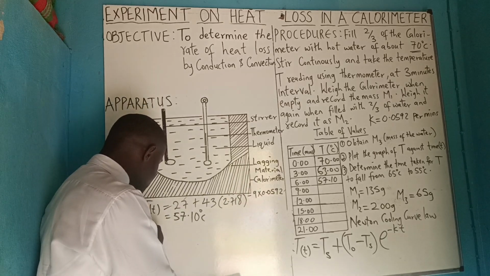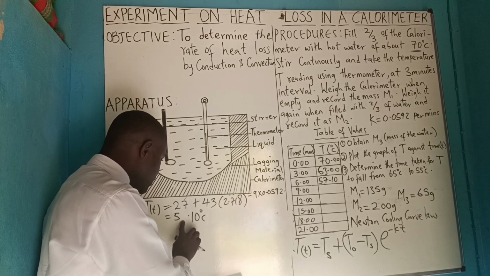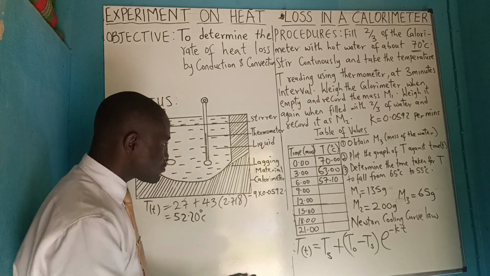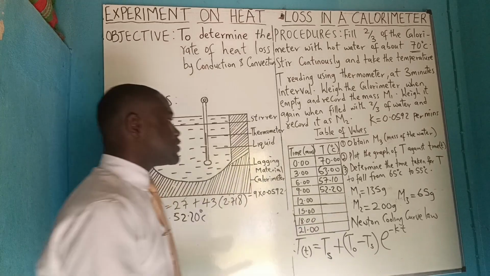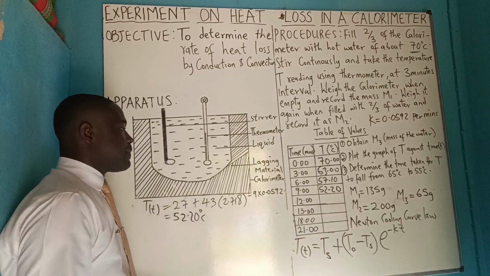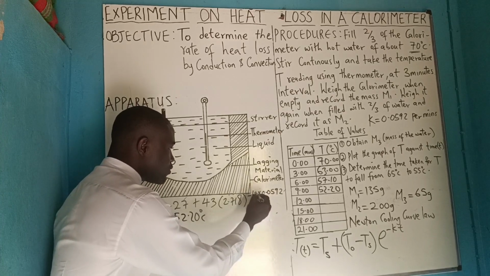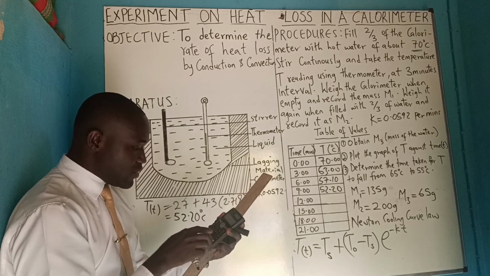So for the second time, we'll be having 52.2 degrees. You write 52.20 degrees. Yes. You come here, you change here to what? 12. When you change it to 12, you take it again.